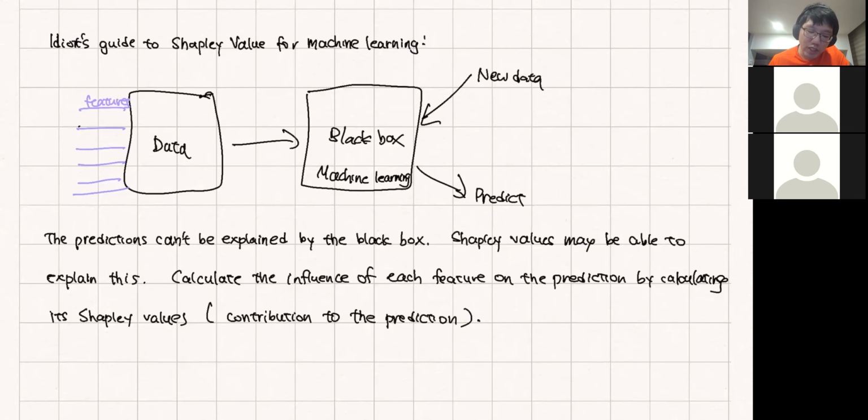Okay, so we can use Shapley values to kind of say how much each of these features will affect the prediction by our black box, because the black box by itself doesn't know how they decide what would be the outcome of our data. Okay, so that is an idiot's guide to Shapley values for machine learning. I don't know if it's interesting or not. And if you're in machine learning, you can probably look into this. There are a lot of papers on this online as well.